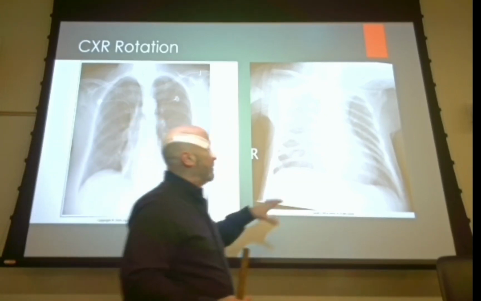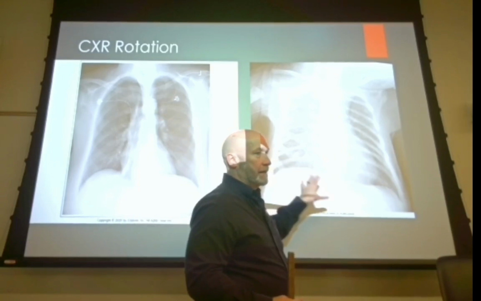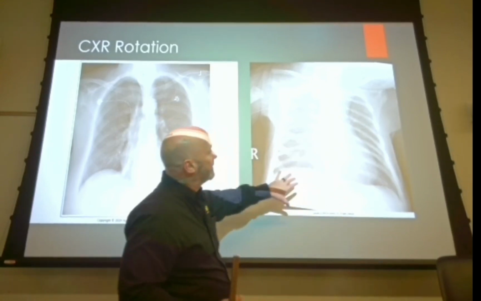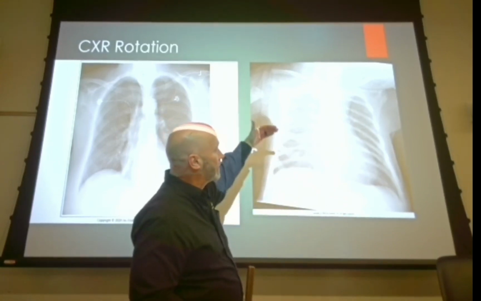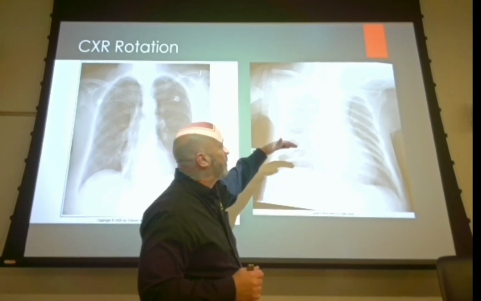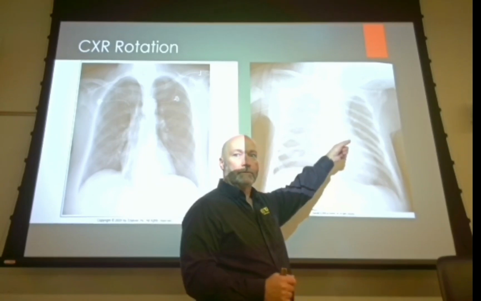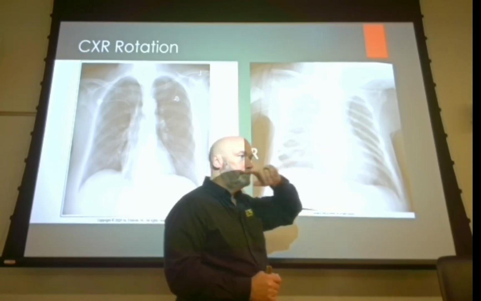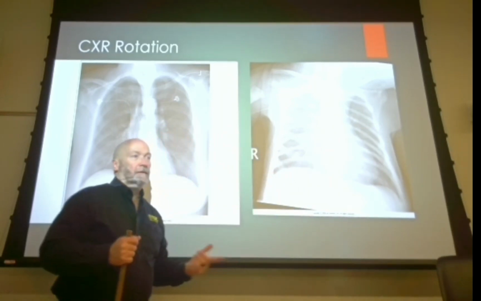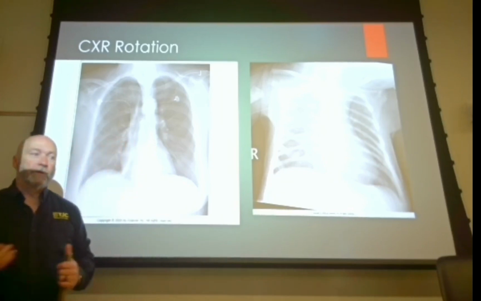So even if you were to get good density and contrast and not have this patient so terribly lordotic, with that amount of rotation, you're probably going to project your thymus into the lung field. Everybody should know that that's thymus, right?